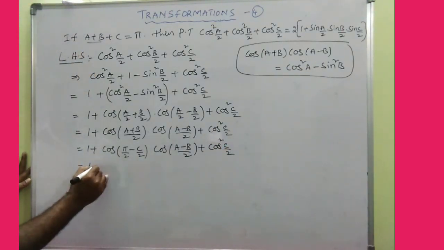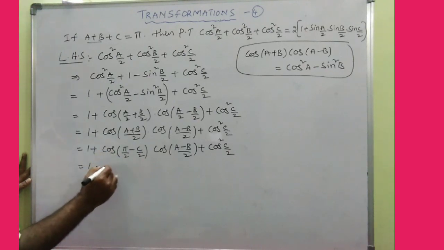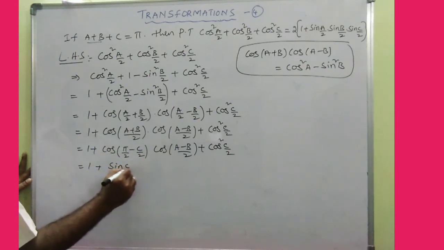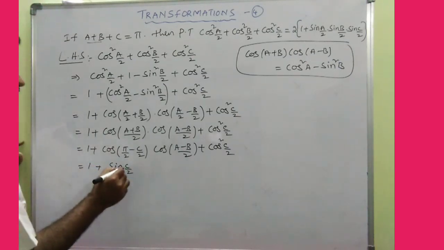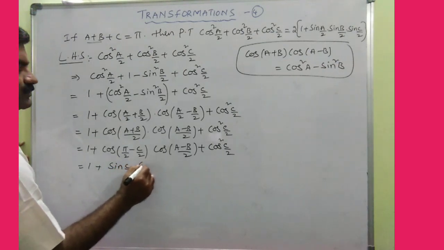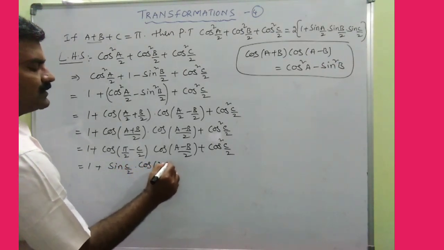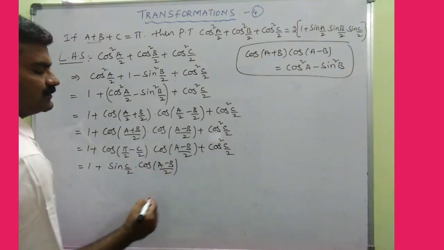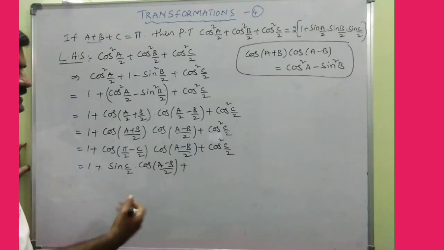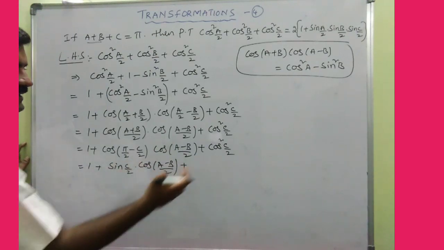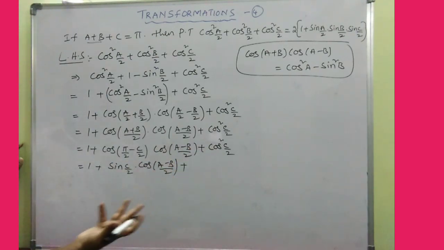What about this? Because of 90, cos changes into sin, and moreover 90 minus theta, anyhow all are positive. So sin C by 2, this value, into cos of A minus B by 2 plus, since we got one sine function here, to take common in the next step we need to take something common. If I write as it is, we cannot take anything common.